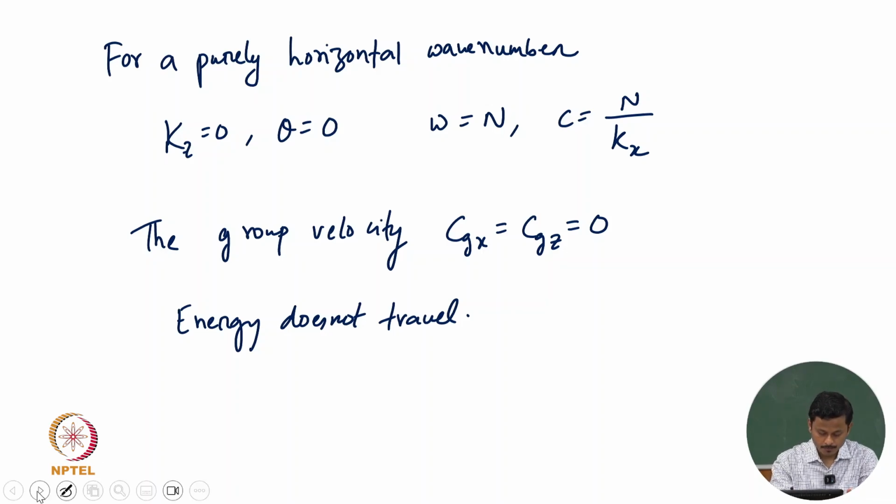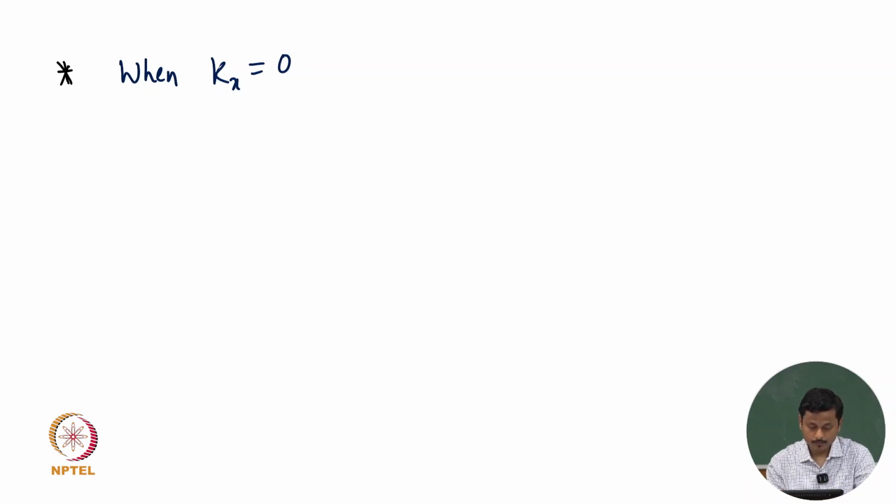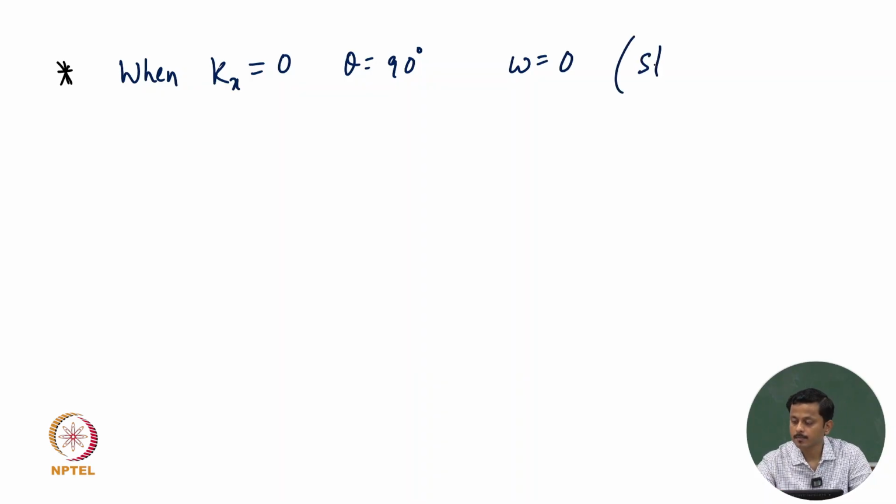When kx equal to 0, so this is one limiting case. When kx equal to 0, theta is equal to 90 degrees and omega is equal to 0. So this implies a steady state or a frozen state. This is what we had seen earlier in geostrophic eddy.